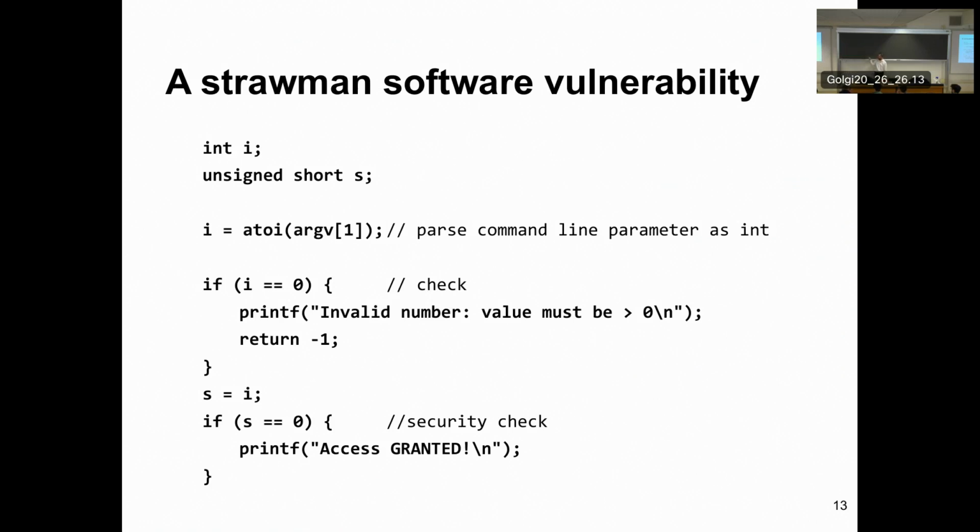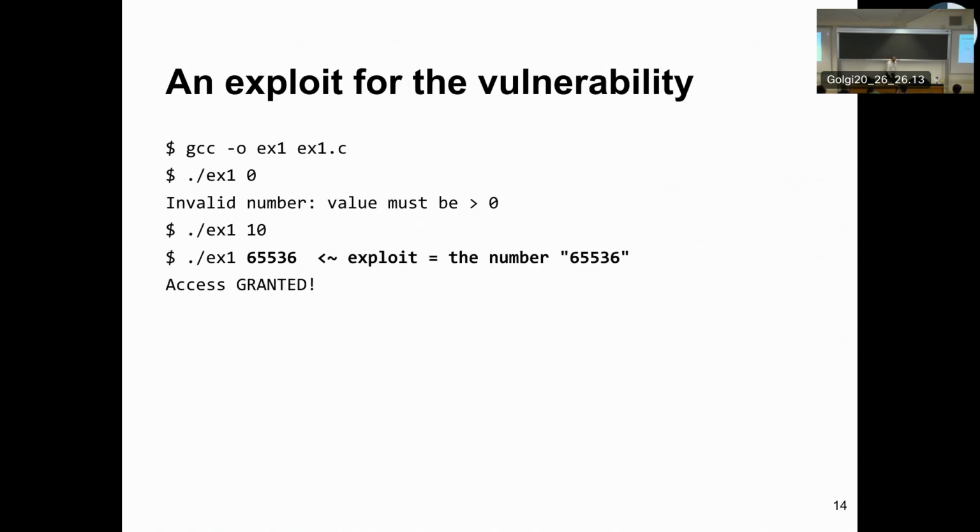That automatic and probably unwanted cast is the vulnerability, and the exploit is the number 2 to the 16th. Try compiling it if you really want to see it running, but it's pretty evident this works. Like a charm.